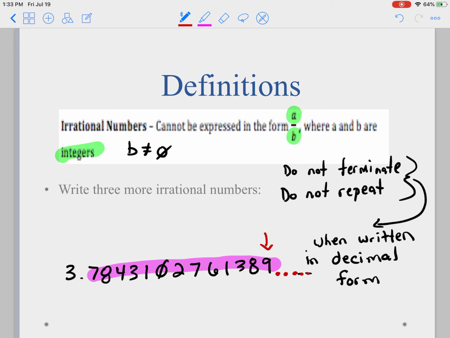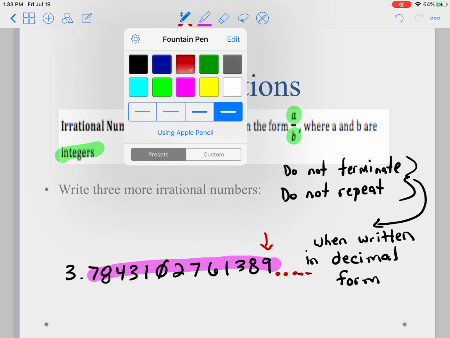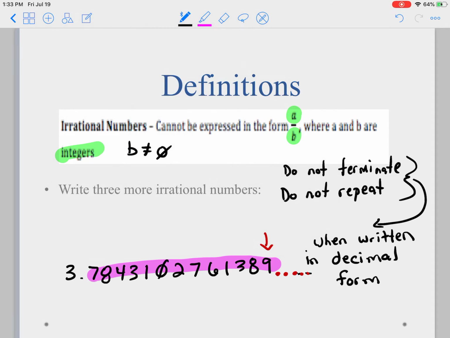And so a couple of things that you may notice with irrational numbers is when you enter them in a calculator, you will see just a very, very, very long decimal that does not terminate and does not repeat. Now, the types of numbers that you'll see and mostly work with that fall into this category are going to be square roots, for example, and it would be square roots that aren't perfect squares.